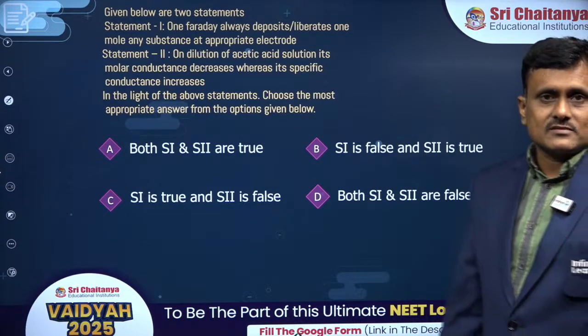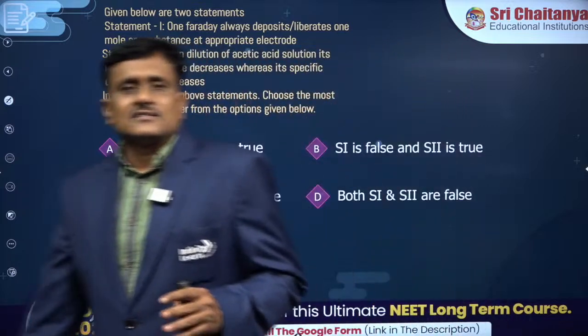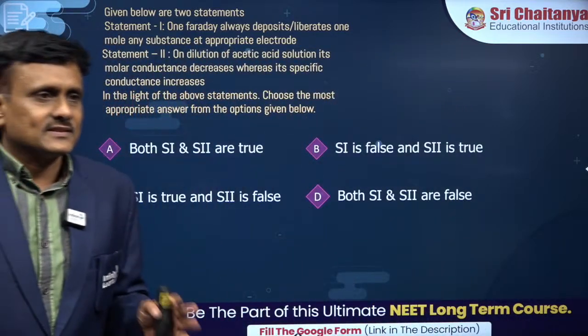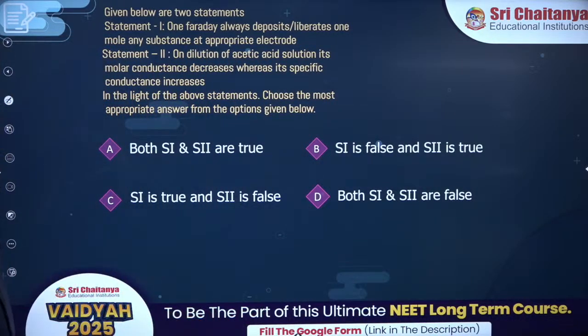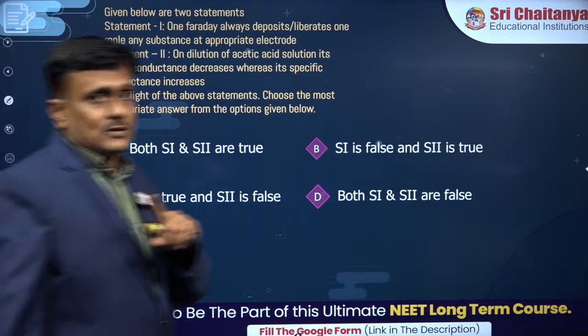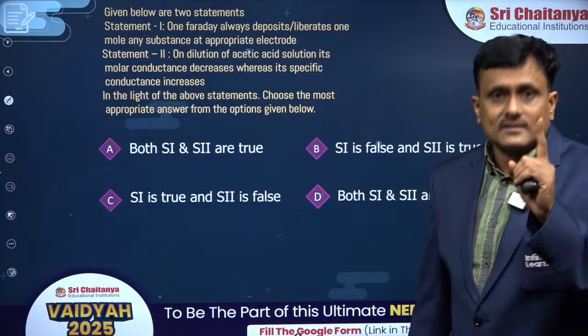1 Faraday. Look at the electrochemistry question. Since we are scared of physical chemistry, let's emphasize there. Monima gave the answer. Rebecca also said something. 1 Faraday always deposits or liberates 1 equivalent of any substance at the appropriate electrode. Remember, not 1 mole, 1 equivalent.